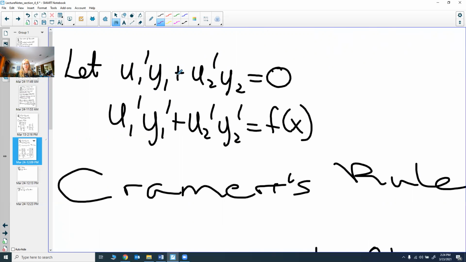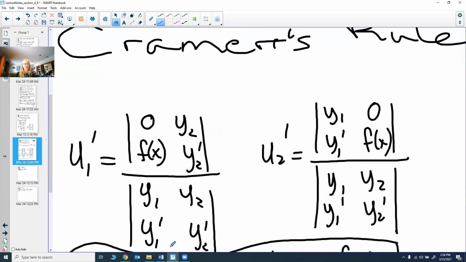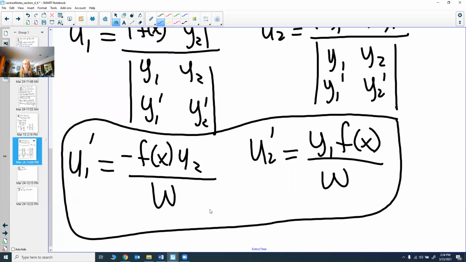The coefficients of u1' are y1 and y1'. The coefficients of u2' are y2 and y2'. And the constants on the side are 0 and f of x. So using Cramer's rule, u1' will be the coefficient matrix y1, y2, y1', y2', where we replace the coefficients of u1' with those constants. We'll do the same thing with u2', and we can find both u1' and u2'.